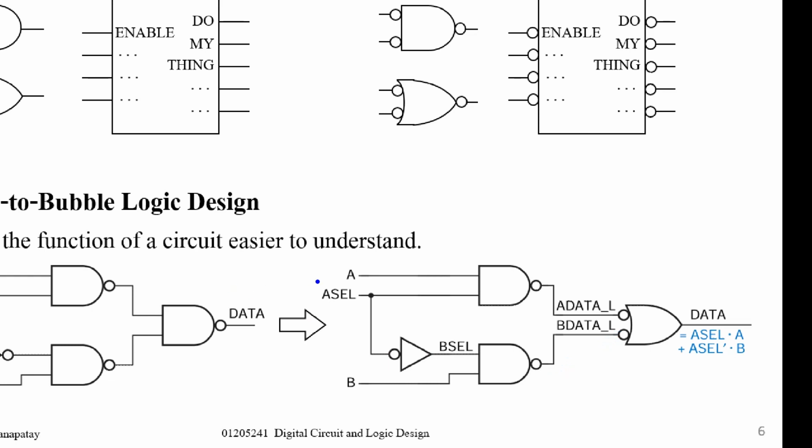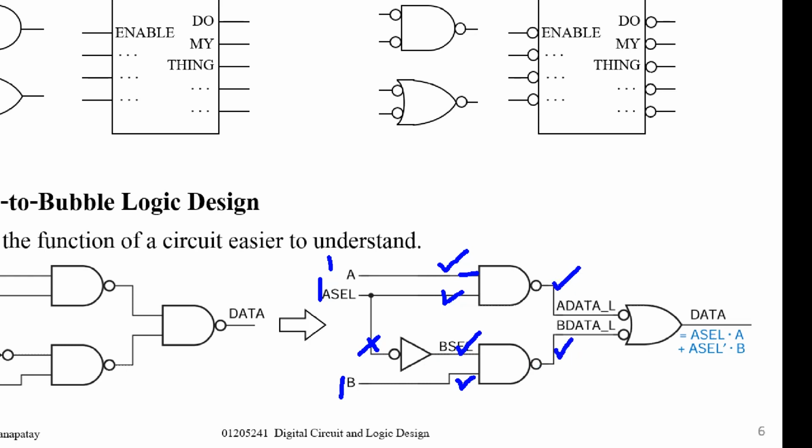So if I apply, for example, 1, 1, 1, what happens? It is active high, right? So it's active here, active here, but this one is not active, and active here. When this input is active, the output is also active because the main structure is a buffer, right? When both inputs are active, the output is active also.